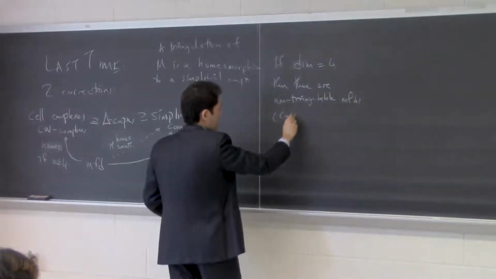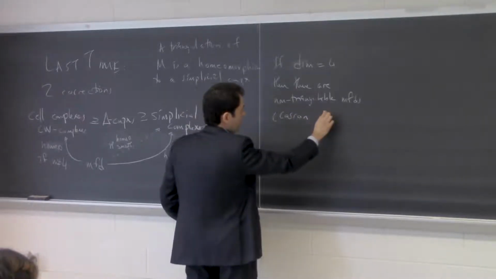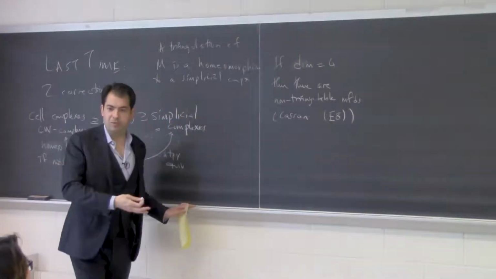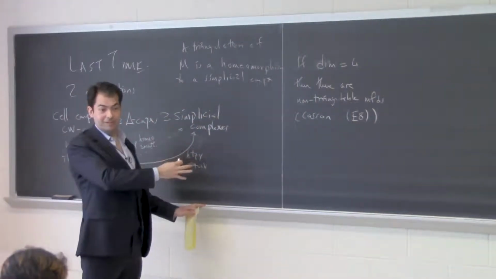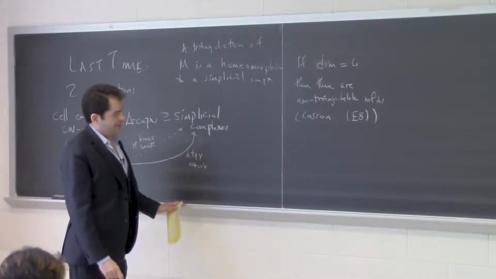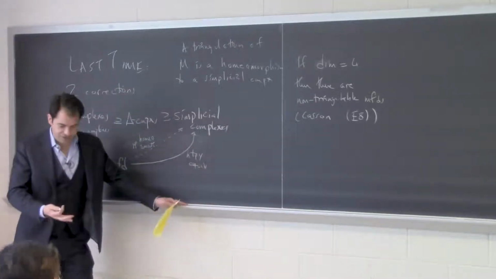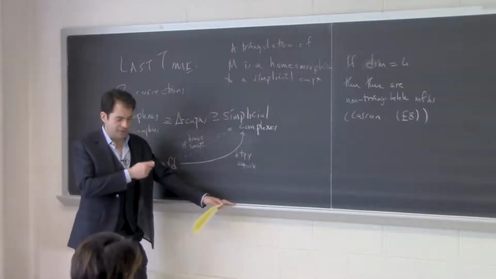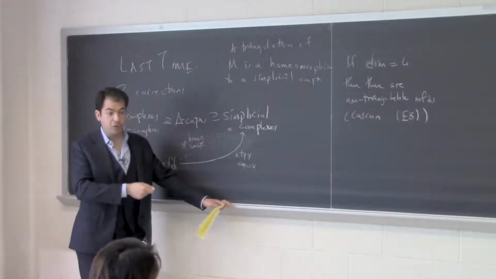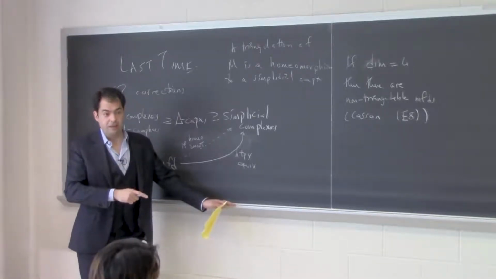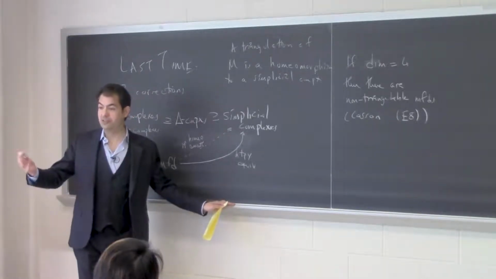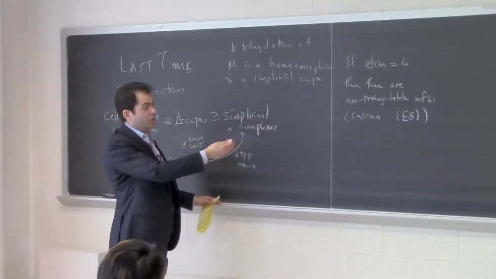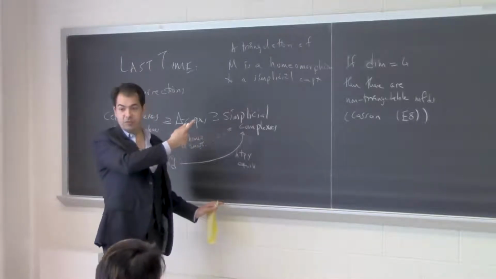That's due to Casson, and there's an explicit example called the E8 manifold, well, somewhat explicit. There's an example, we have a name for it. So in 4 dimensions, it turns out Freedman proved, and got the Fields Medal for showing, that the manifold is determined by its intersection form. Anyway, next semester I could tell you what the intersection form is. But this is explicit in that we know which intersection form corresponds to this manifold.